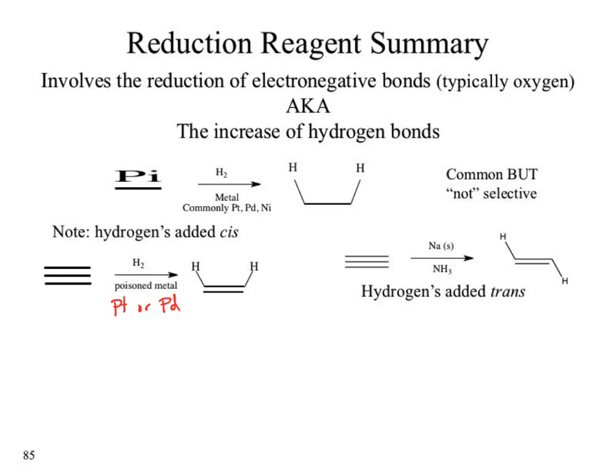What do we poison it with? Sometimes you'll see BaSO4. I think calcium carbonate. If it is calcium carbonate, that is typically referenced as Lindlar's catalyst. That is one you should check and verify on, but I'm pretty sure that's the case. Okay.